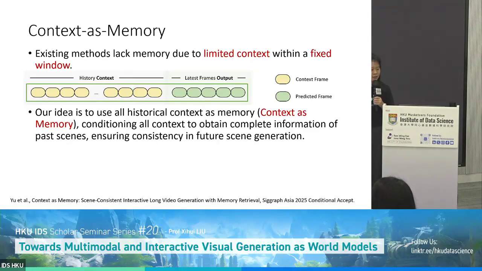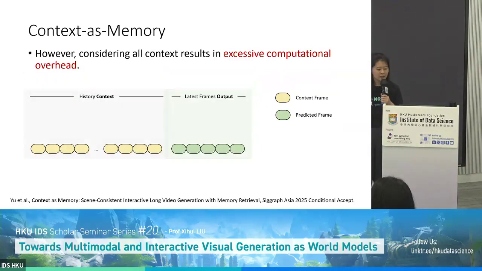But this is not ideal because ideally, the model should be able to condition on all of the history information so that it wouldn't forget the previously generated information. But conditioning on all of the yellow frames will cause a lot of computational inefficiency problems, and this is very hard to implement on the current models and current hardware.